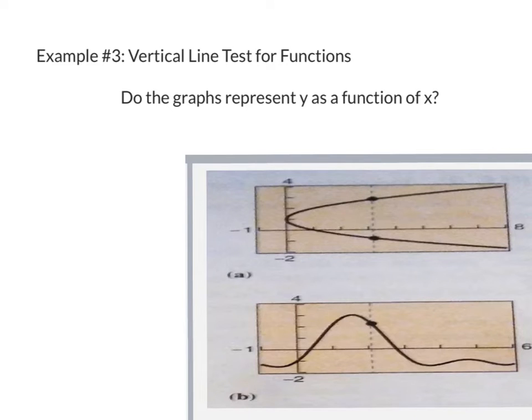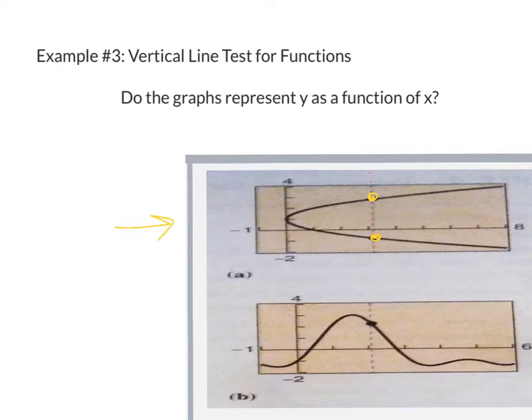So it says, do the graphs represent y as a function of x? So in other words, another way of saying that is, are these lines functions? And according to the vertical line test, we can see with the first one that there is a vertical line right here. But we can obviously see that it's intersecting that vertical line in two places.